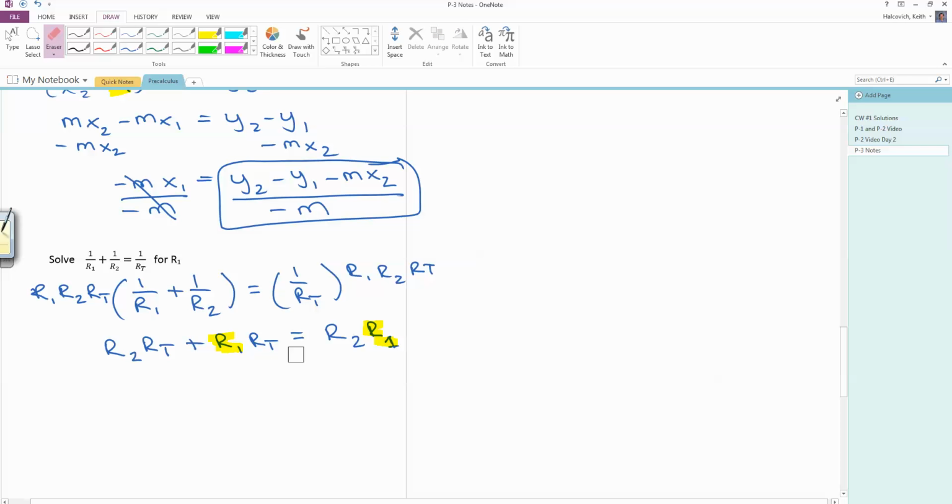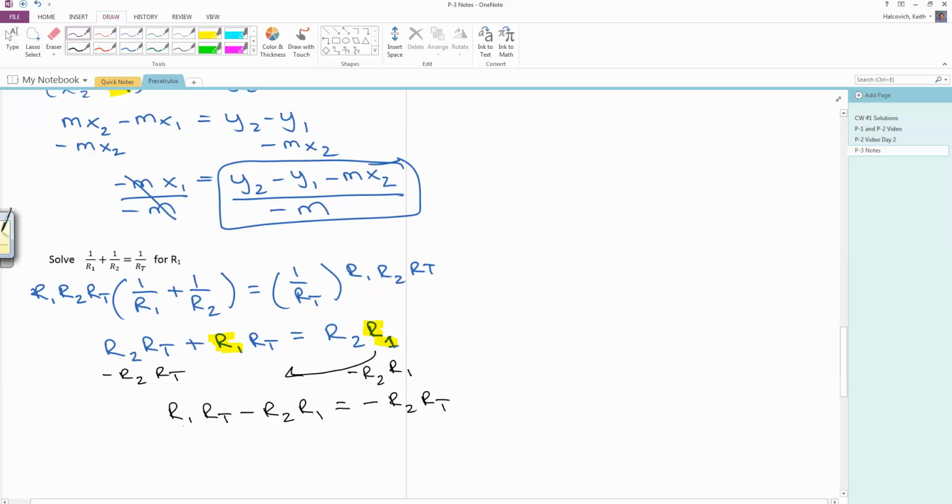Let's bring this one over, because remember, we always want to have it on the right hand side. So we're going to do r sub 2, r sub 1, and then here we're going to subtract r sub 2, r sub t. So we get r sub 1, r sub t minus r sub 2, r sub 1 equals negative r sub 2, r sub t.